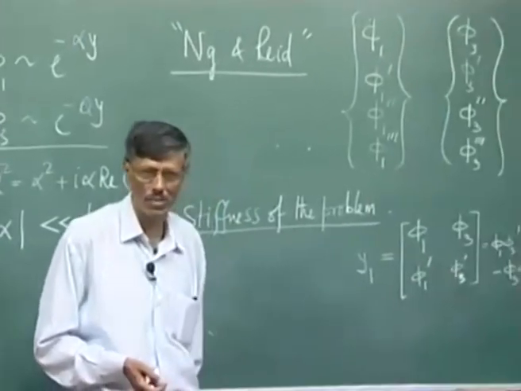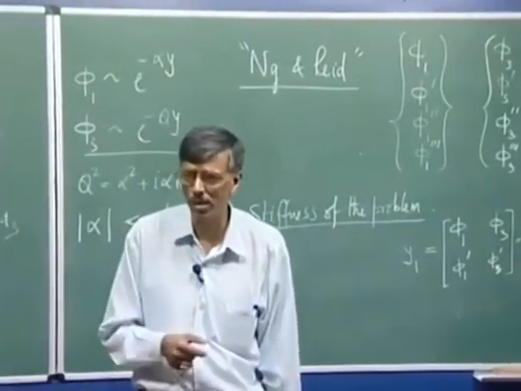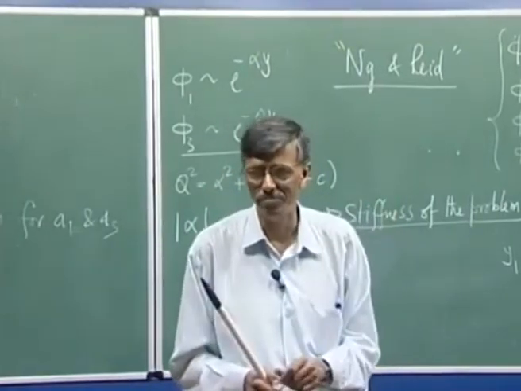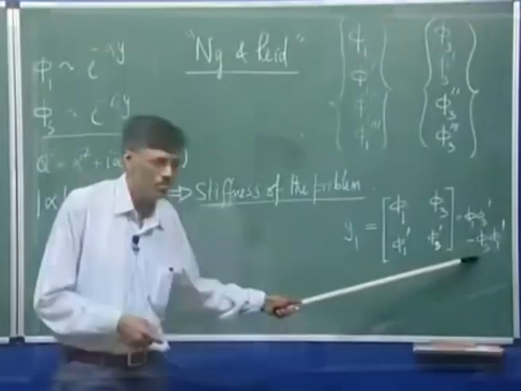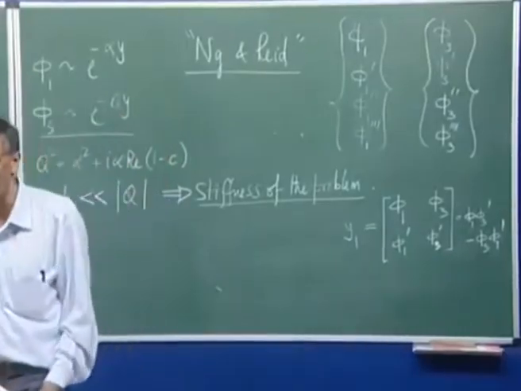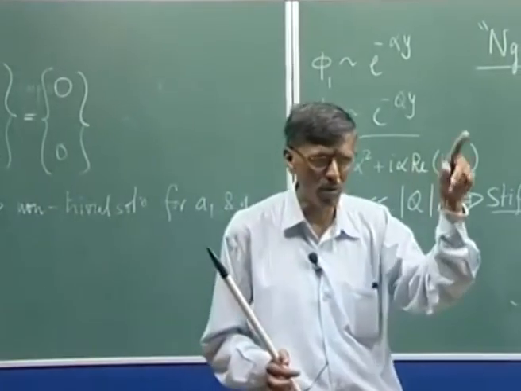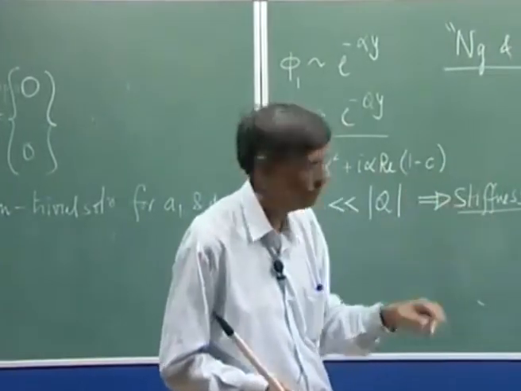Phi 1 times phi 3 prime, the exponential part, will be e to the power minus within bracket alpha plus q. What about the second term? Also the same thing. So, the growth rate is like e to the power minus alpha plus q into y.